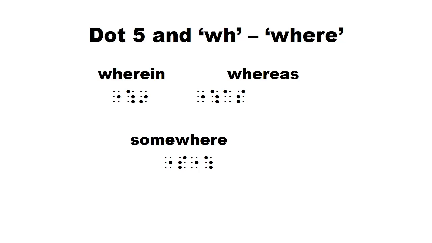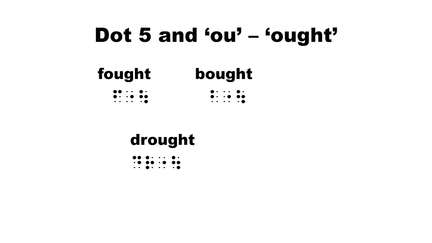And for where, we can make use of dot 5 and the contraction for WH. So there you have it. The contraction for where is simply dot 5 and the contraction for WH, that's 1, 5, 6.